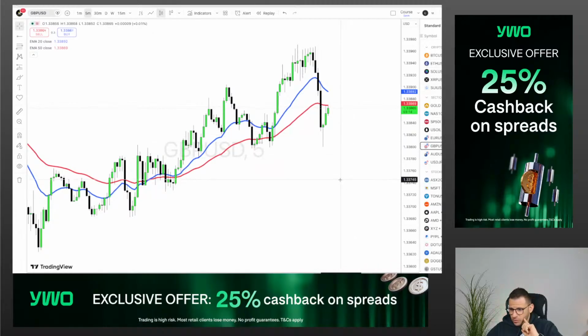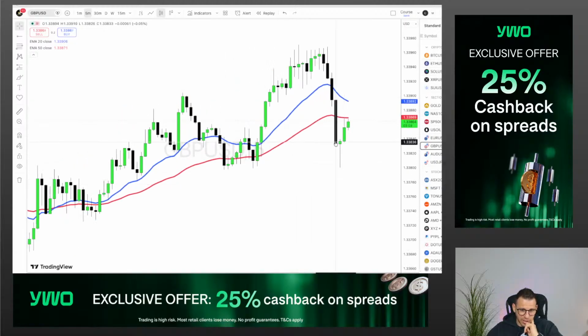Pound versus the US dollar. Pound looking to go long. Alrighty. Look, that candle with a tail rejecting the bottoms, or a hammer or a pin bar, however you want to call it. I usually call them candles with a long lower tail because they reject the bottom prices, the lower prices.